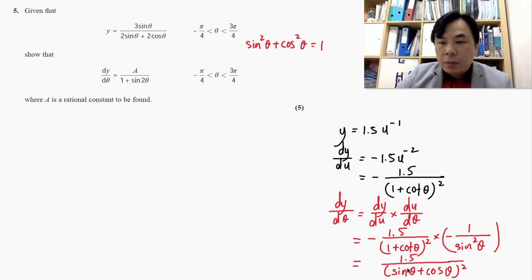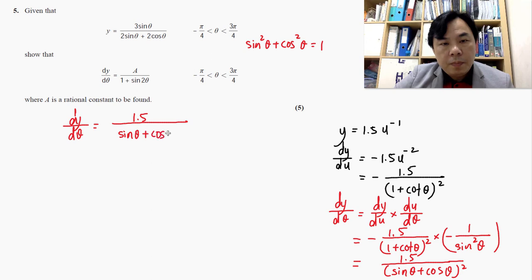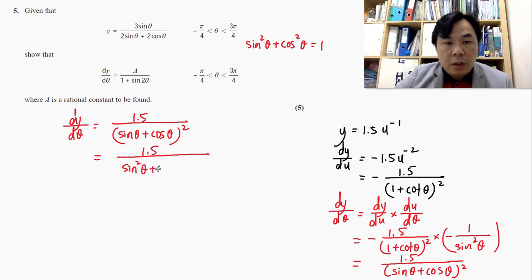Okay, and then from here itself, I have my dy d theta, which is given by 1.5. Alright, and then as usual, you're going to expand that. So as you would expect, we will end up here.